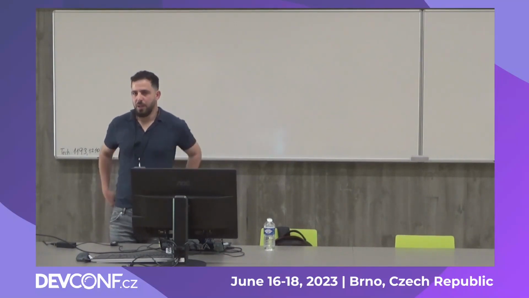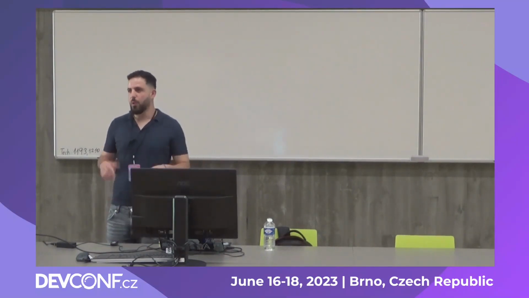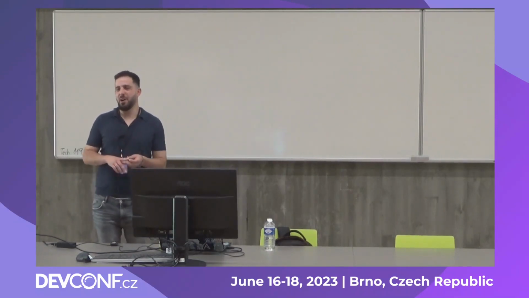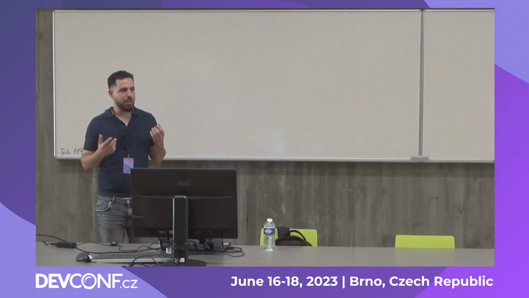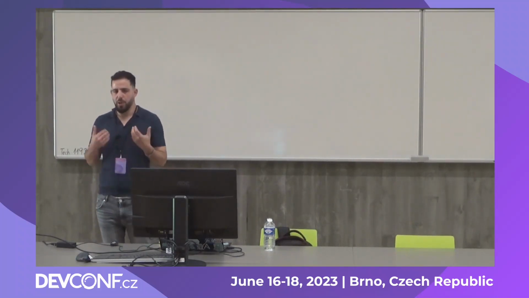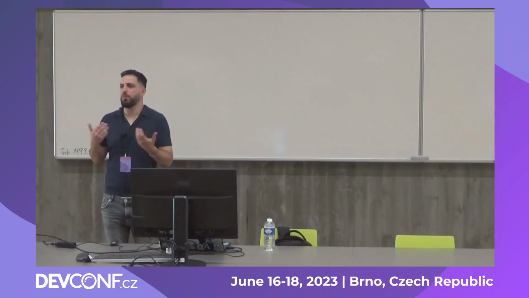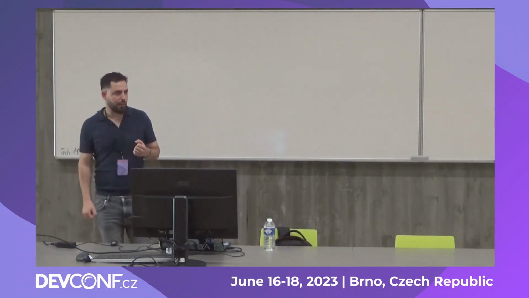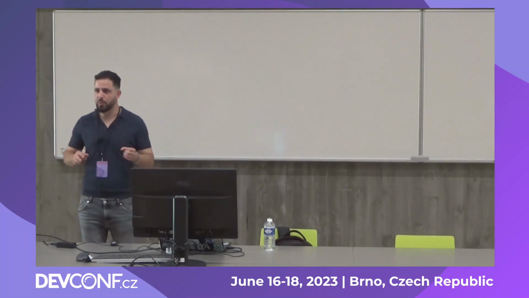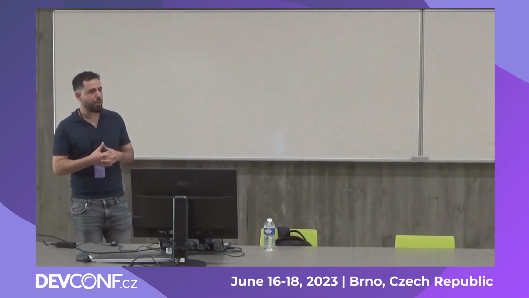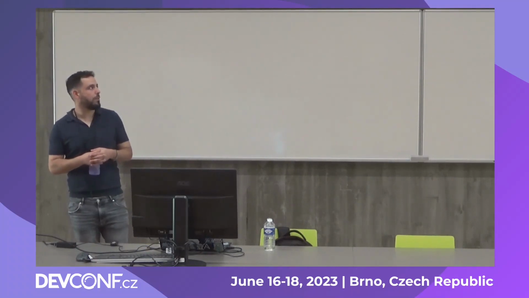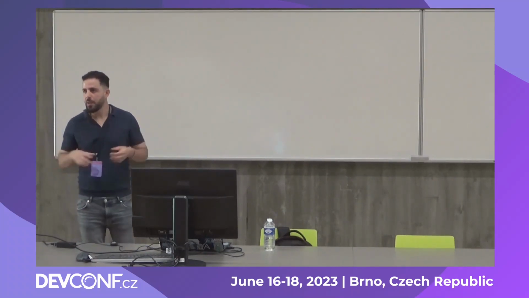Mm-hmm. So the question was how much of it is a hack. If I understand you correctly, what you want to ask is how do we know that Kubernetes won't be surprised by these changes, right? To be honest, this is still a work in progress, and we still have to test it with a bunch of scenarios to be sure. But whenever I tested it, it was completely fine.